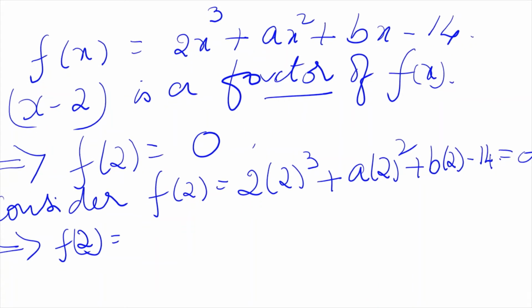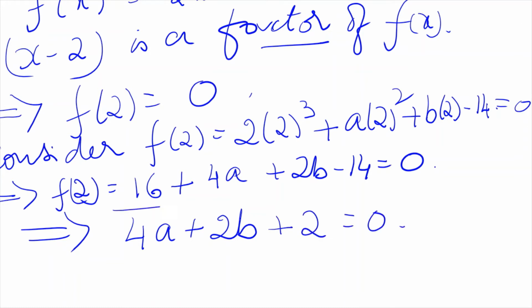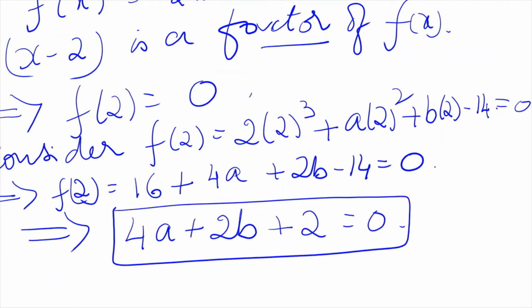So this implies 2 into 2 cube is 8, into 2 is 16, plus 2 square is 4a, plus 2b minus 14 is equal to 0. So this implies 4a plus 2b, 16 minus 14 is 2, so plus 2 is equal to 0. So this is your equation 1. So give it number 1 and keep it.